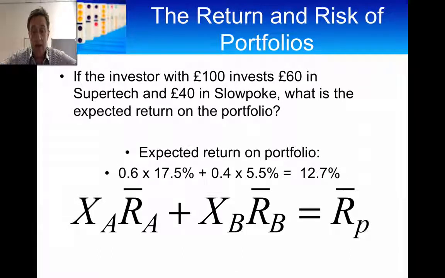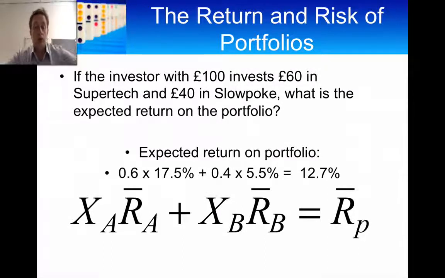Now the weights of each security in your portfolio are 60 over 100 for Supertech, so that's 0.6, and 40 over 100, which is 0.4 for Slowpoke. Now the weights must add up to 1. That's one of our fundamental criteria in portfolios, that the weights of all the assets must add up to 100%.